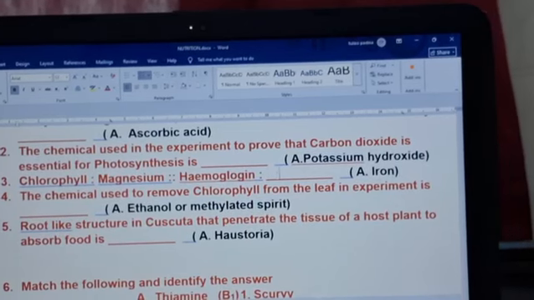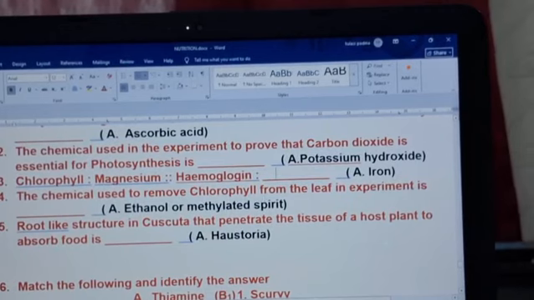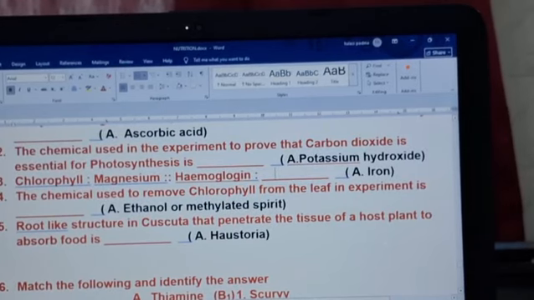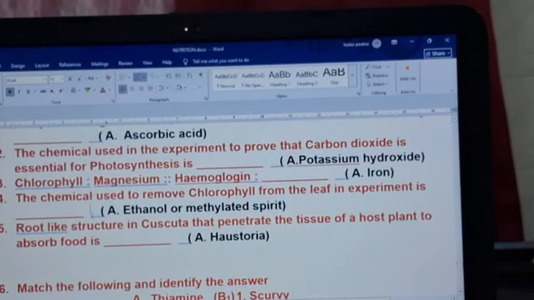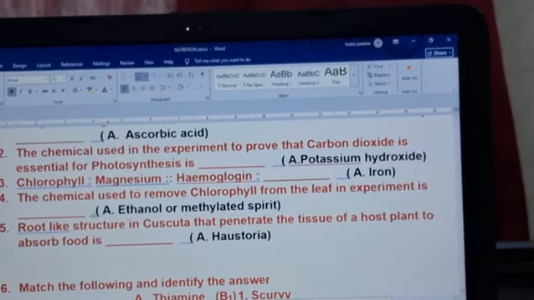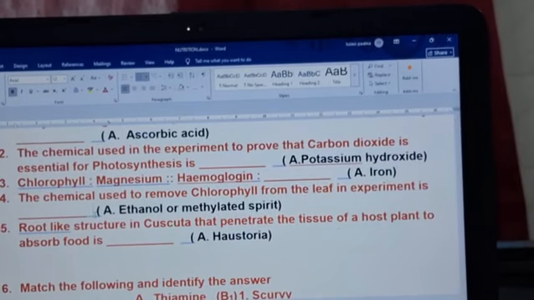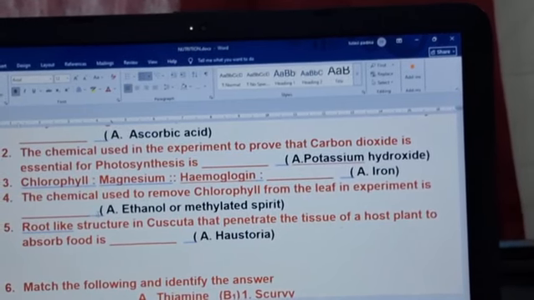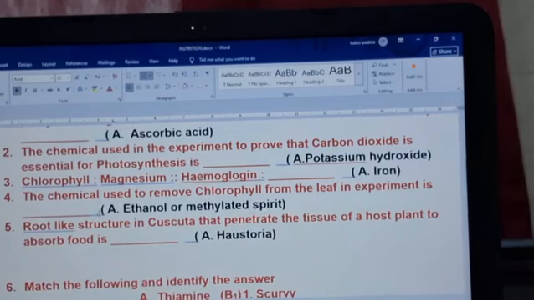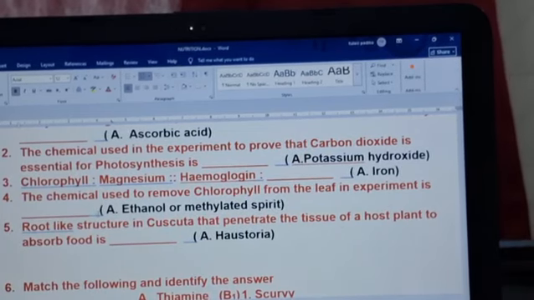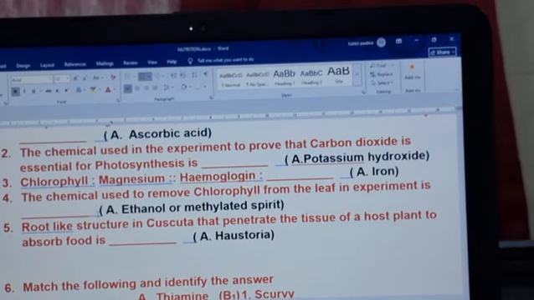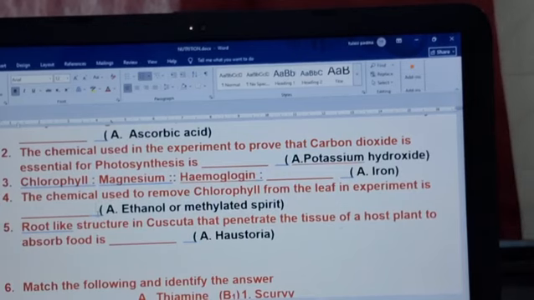Fourth one, chemical used to remove chlorophyll from the leaf in the experiment. You know that an experiment we have studied, to test whether starch is present or not, first the leaf has to be washed and kept in a water bath containing ethanol or methylated spirit.